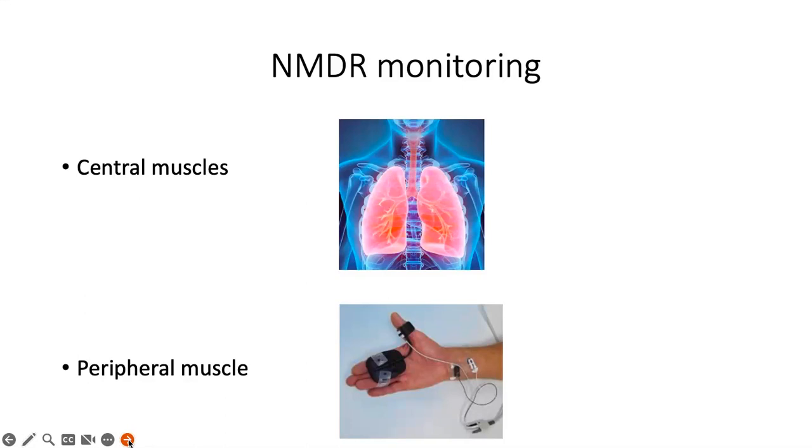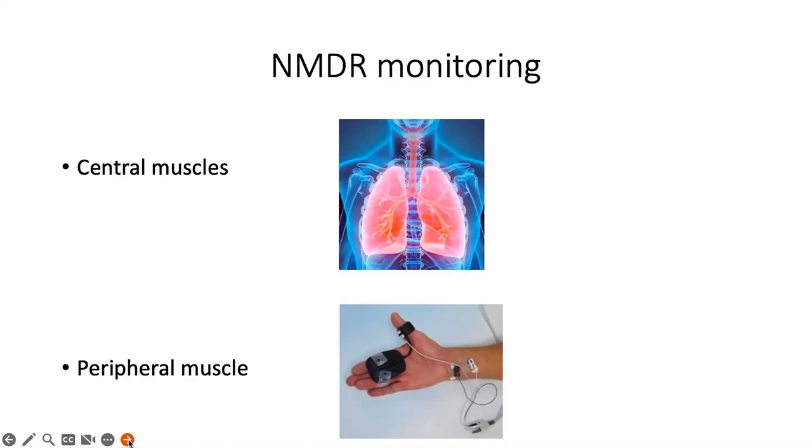This is advantageous if you're going to be intubating the patient, because you don't want the patient to gag, you don't want the patient to cough. So you want the diaphragm to be paralyzed, you want the pharyngeal muscles to be relaxed. However, I'll show you in the next slide the scientifically interesting thing.